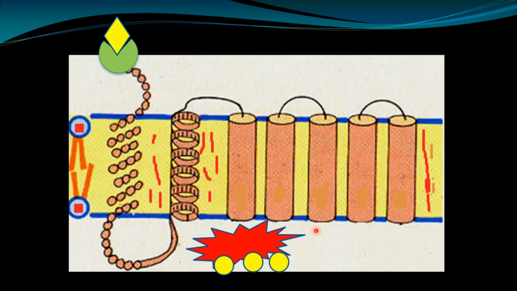When the drug comes and binds with this receptor, the transmembrane domain shows the intrinsic activity. And what is the intrinsic activity? It activates the G protein, which is linked with the internal domain of this serpentine type of receptor, and now the GDP is converted into guanosine triphosphate, GTP.